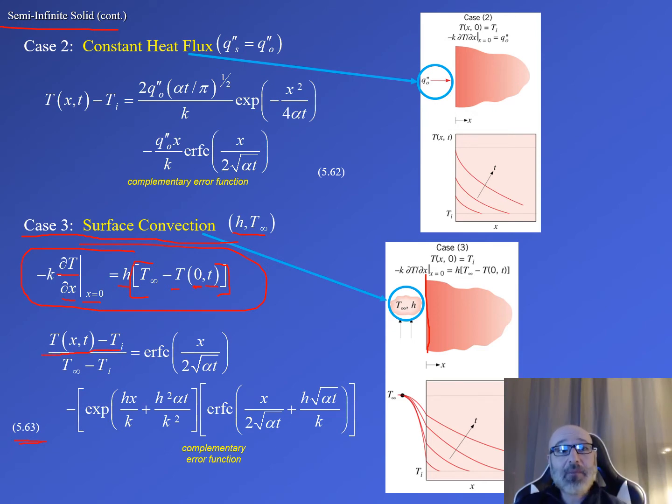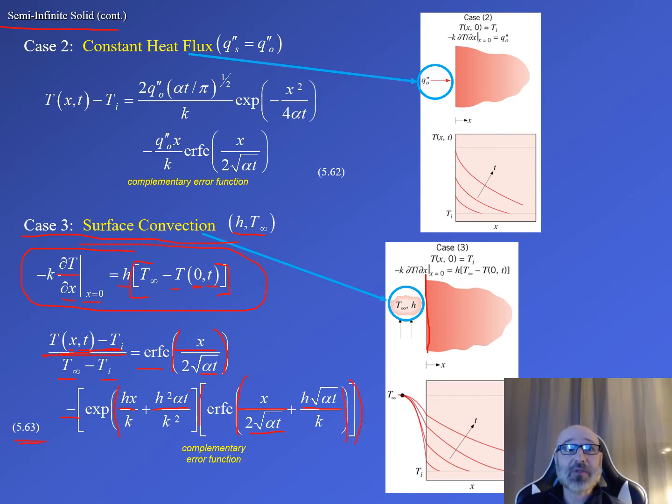We have the temperature at some position and time minus our initial temperature, all over our surrounding temperature minus our initial temperature, is equal to the complementary error function of x divided by 2 times the square root of alpha t, minus the exponential of h x over k plus h squared alpha t over k squared, times the complementary error function of x divided by 2 times the square root of alpha t plus h times the square root of alpha t over k.